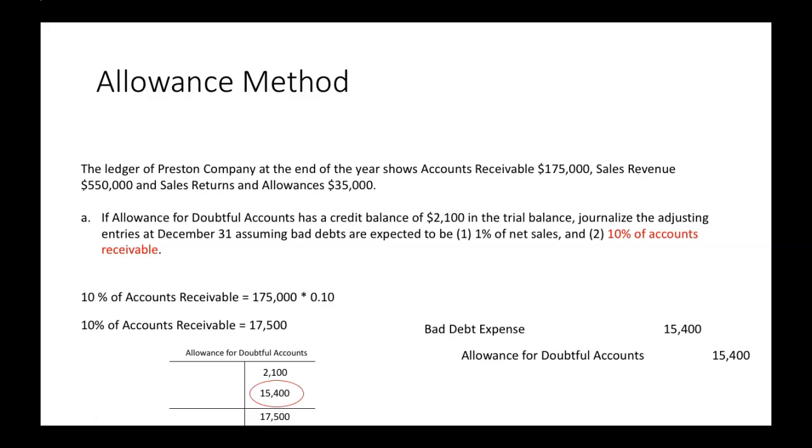But this time, it's for that 15,400. So we are increasing our allowance for doubtful accounts by this 15,400. Because remember, allowance for doubtful accounts is a contra asset, and contra assets are going to increase with a credit.